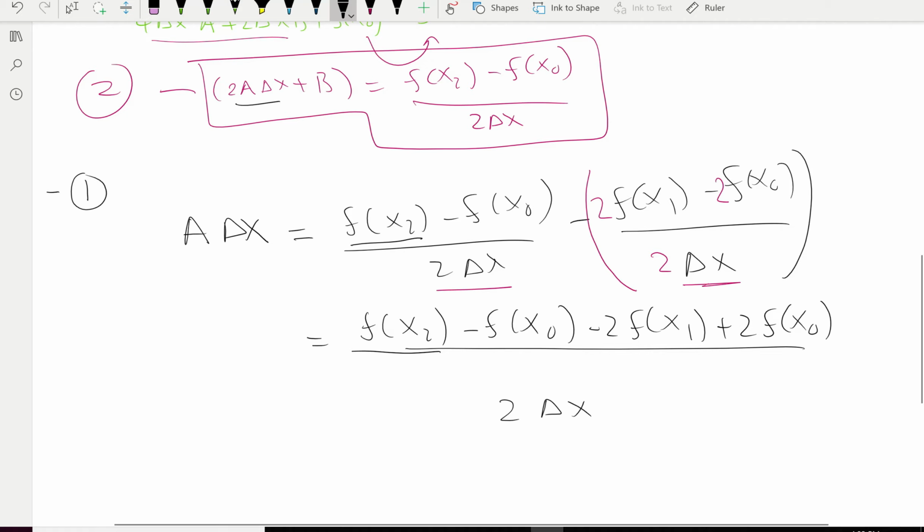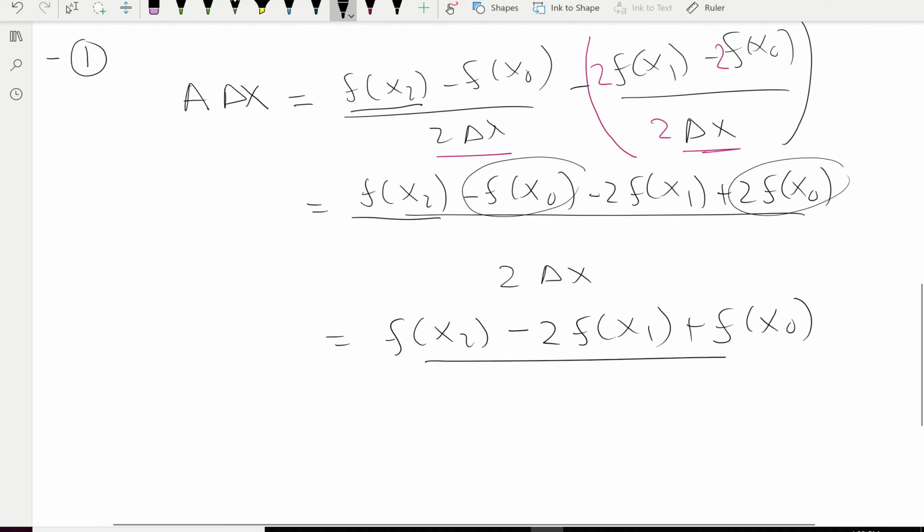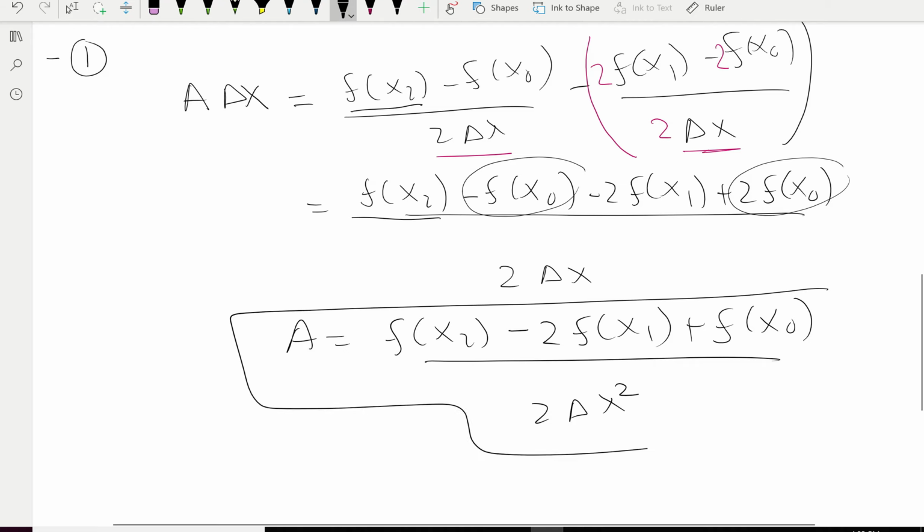Right, so this is what we get. If we simplify it furthermore, this is f(x2) minus 2f(x1), and these two simplified will give you f(x0), and this is divided by 2Δx. This is aΔx. So let's take the Δx to the other side. It's going to be Δx². This is my a. Okay, all right, we found a.